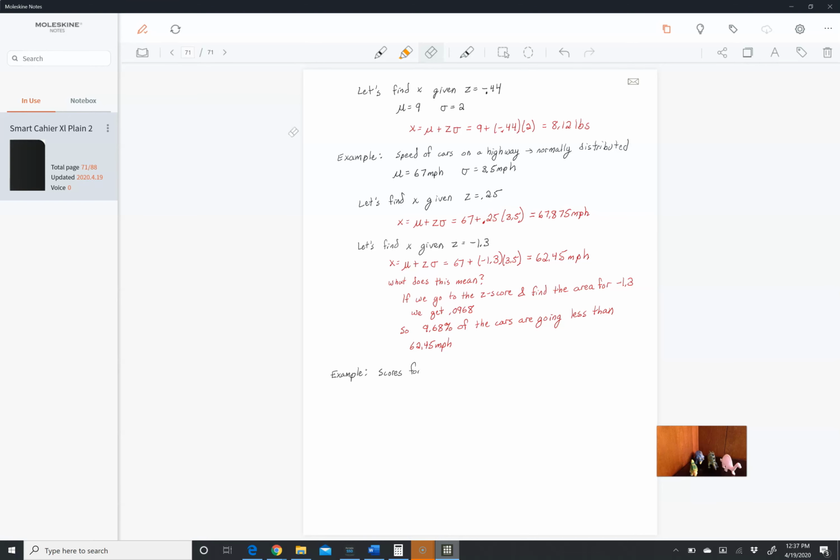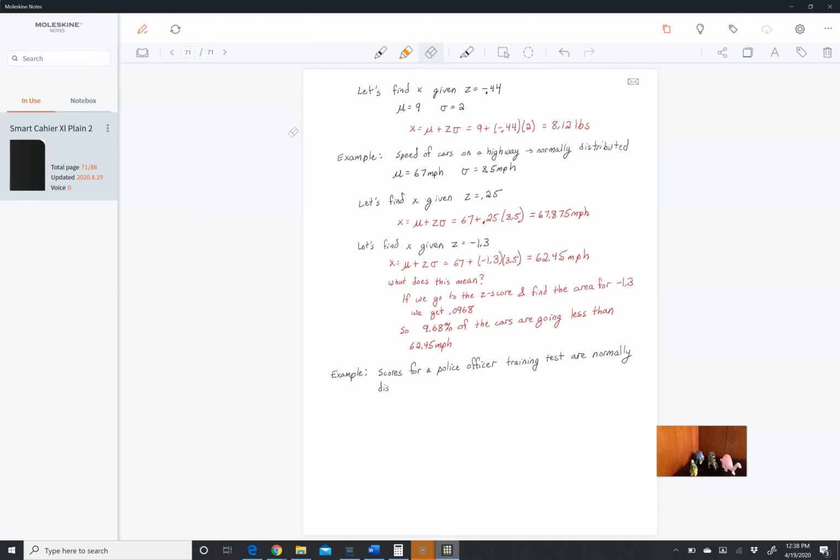The scores for a police officer training test are normally distributed. So notice we're always saying normally distributed.